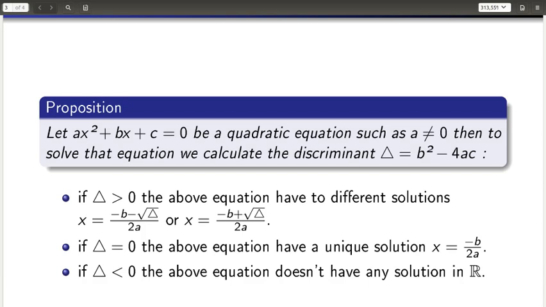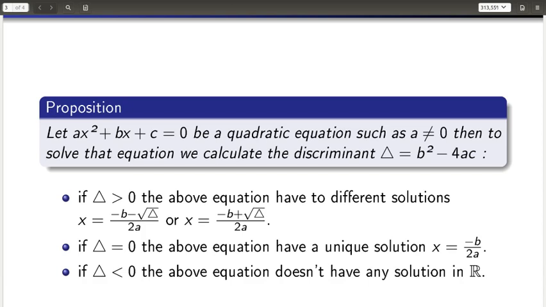We remark that if delta is equal to 0 and we substitute the value of delta in the above expressions of the two solutions, we obtain exactly the expression of the one solution of case 2, which is minus b over 2a.